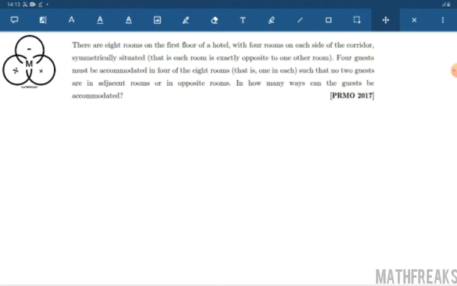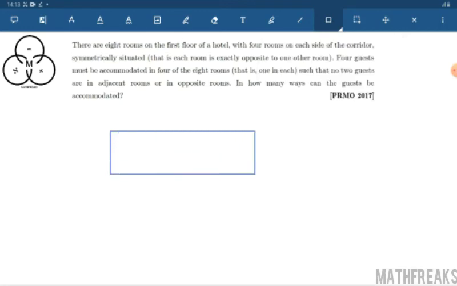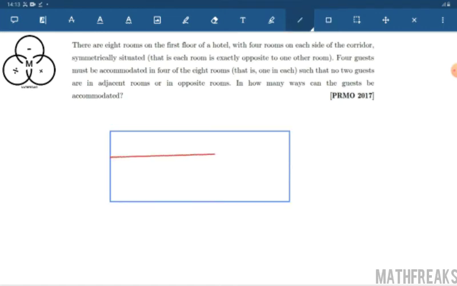There are 8 rooms on the first floor of a hotel with 4 rooms on either side of the corridor. This is the hotel. These are the rooms.